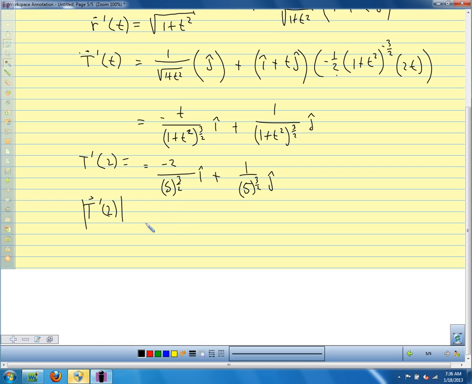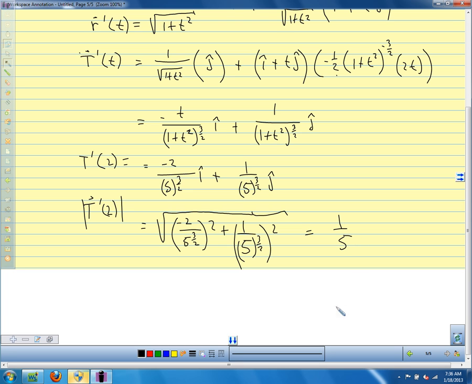The magnitude is the square root of (minus 2 over 5 to the 3/2) squared plus (1 over 5 to the 3/2) squared. And when I calculate that all out, it comes out to be 1/5. Not too bad.